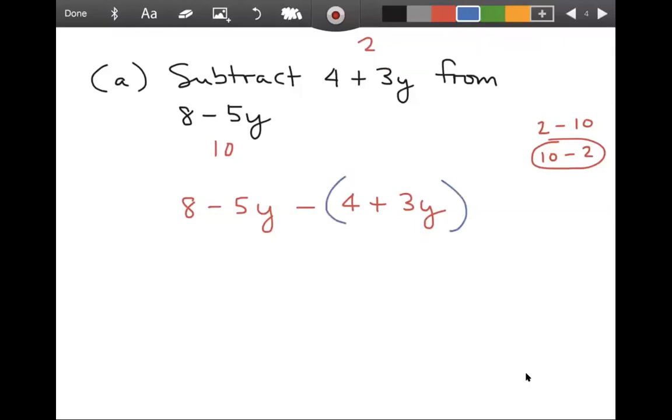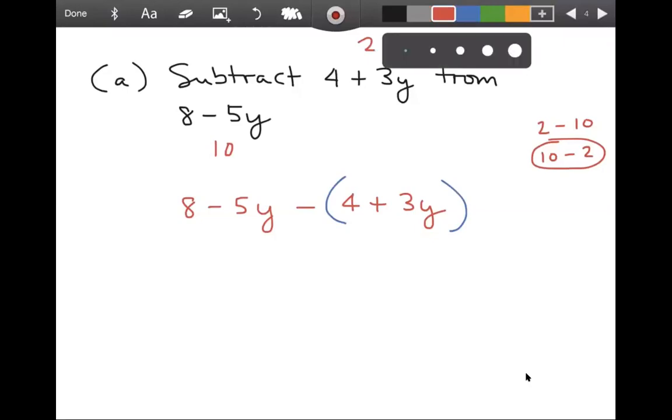If I don't put it in parentheses, then I'm not subtracting 4 plus 3y. I am subtracting 4 and then adding 3y, which is not what it says. Okay, so remember those two things: changes the order and put the second expression in parentheses. And once you've done that, you should be good to go.